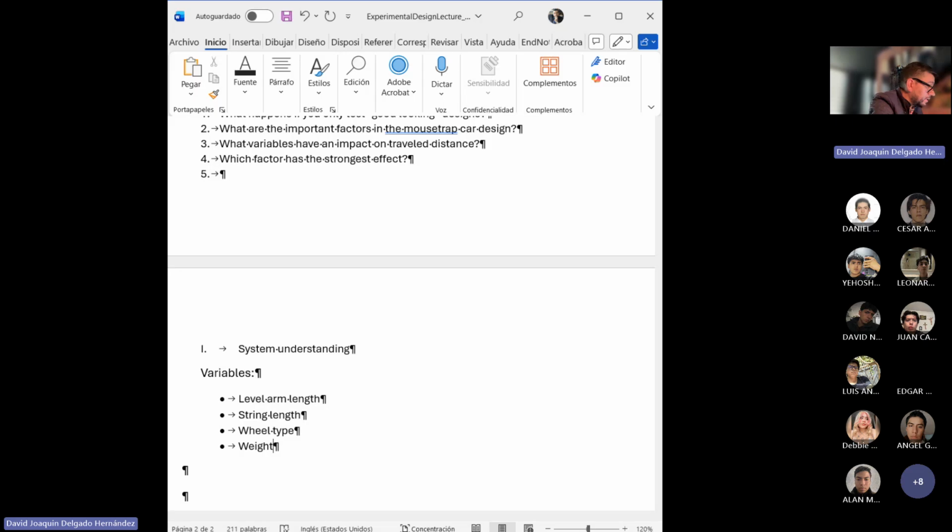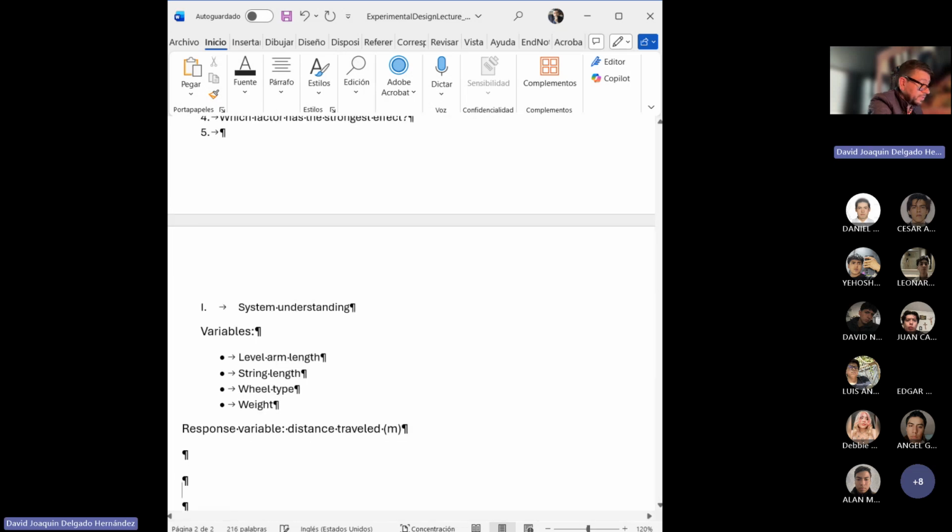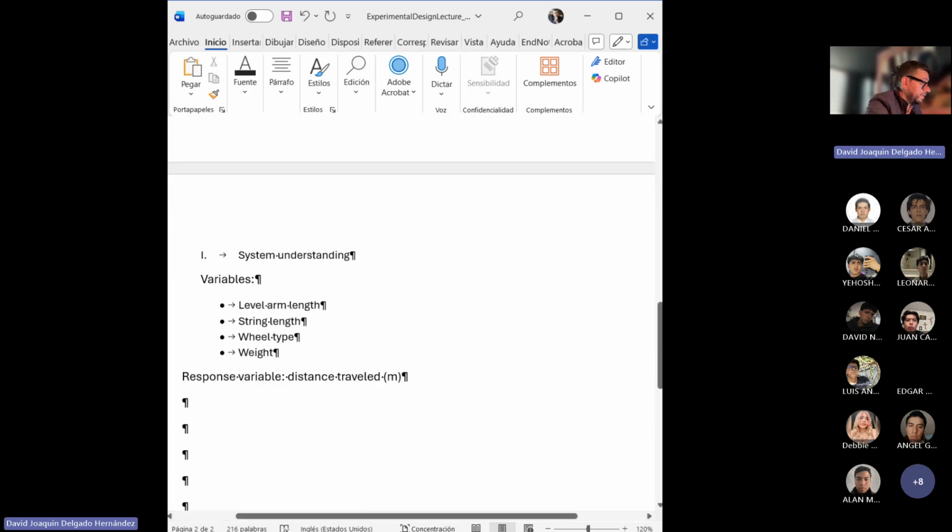You mentioned that, and all of them have an impact on the response variable, which in this case is the distance traveled. You are going to measure that in meters, okay? So that is the first point.